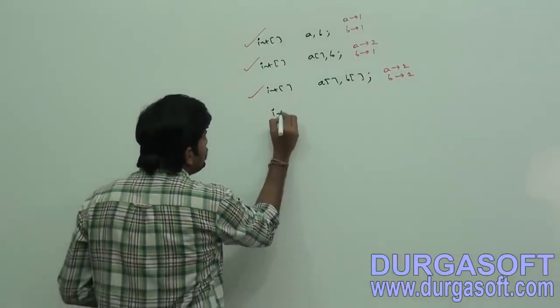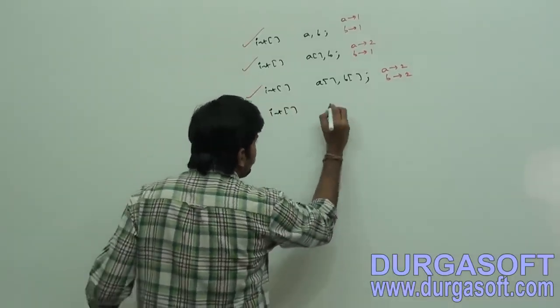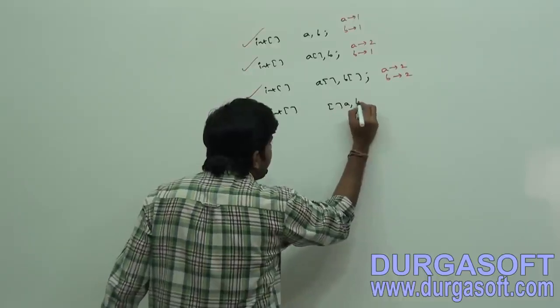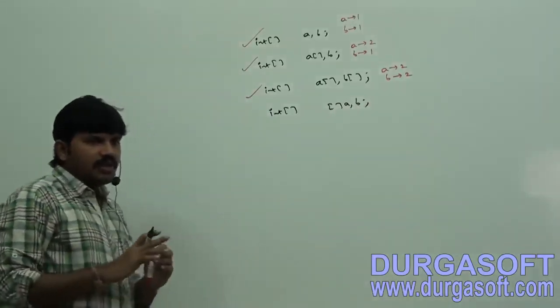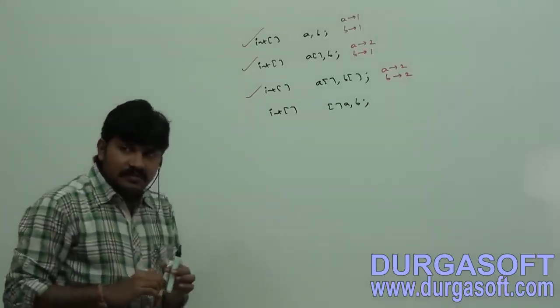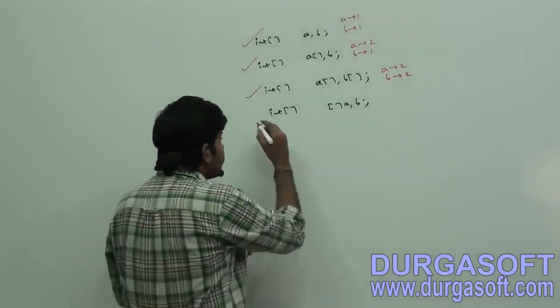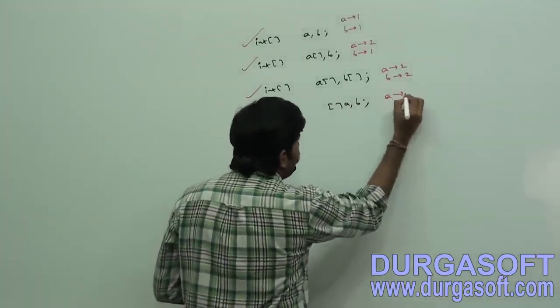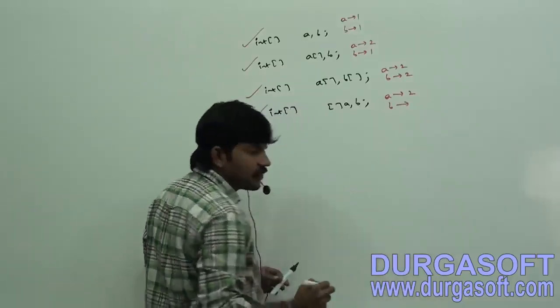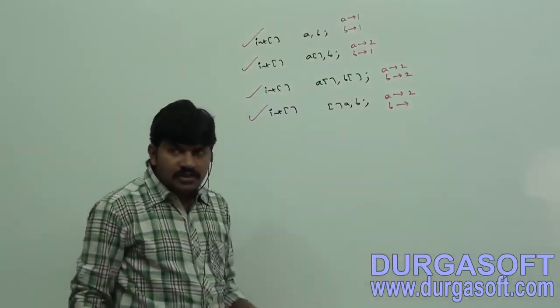Next, int[][] a, b. What is a's dimension? 2. What is b's dimension?